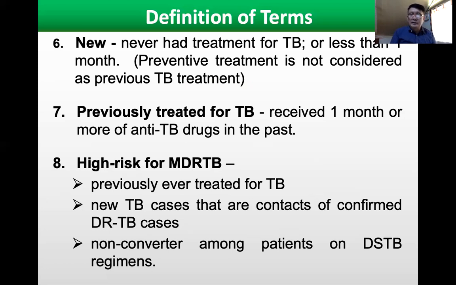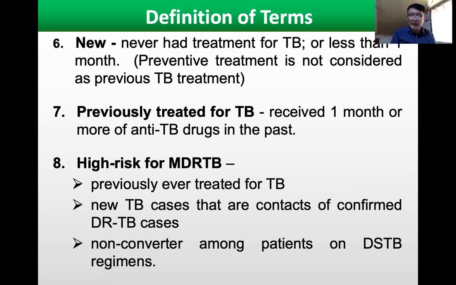And the next point is new TB cases that are contacts of confirmed DR-TB cases. So if it's a new TB case, and they are contacts of the confirmed DR-TB, therefore they have a high risk for multi-drug resistant TB.